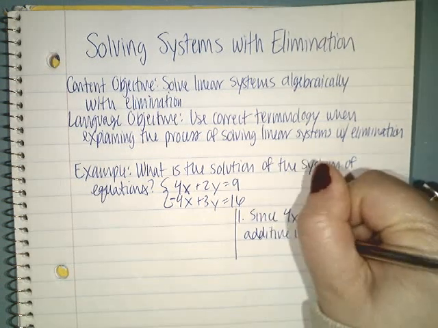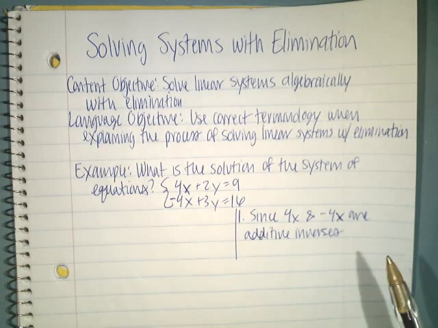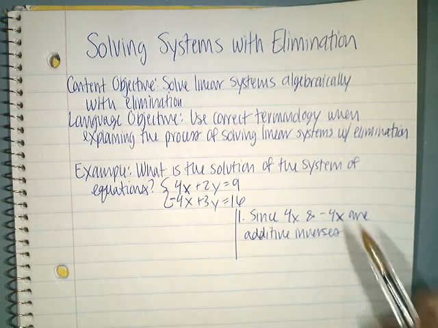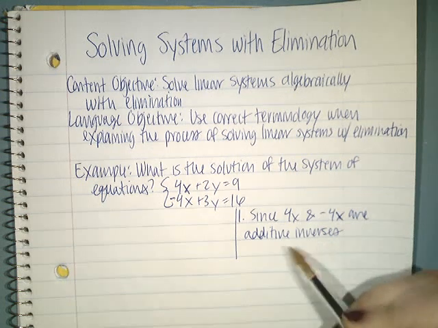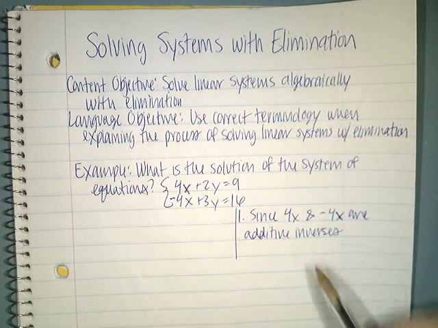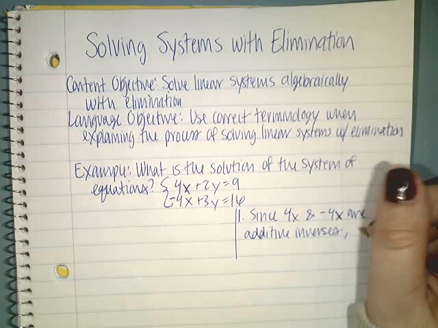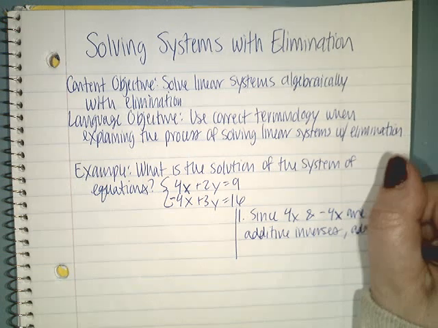Additive inverses, just so you know, are numbers or terms that when you add them, they cancel out. So they sum to zero. So since they're additive inverses, we can start right away by adding the two equations.